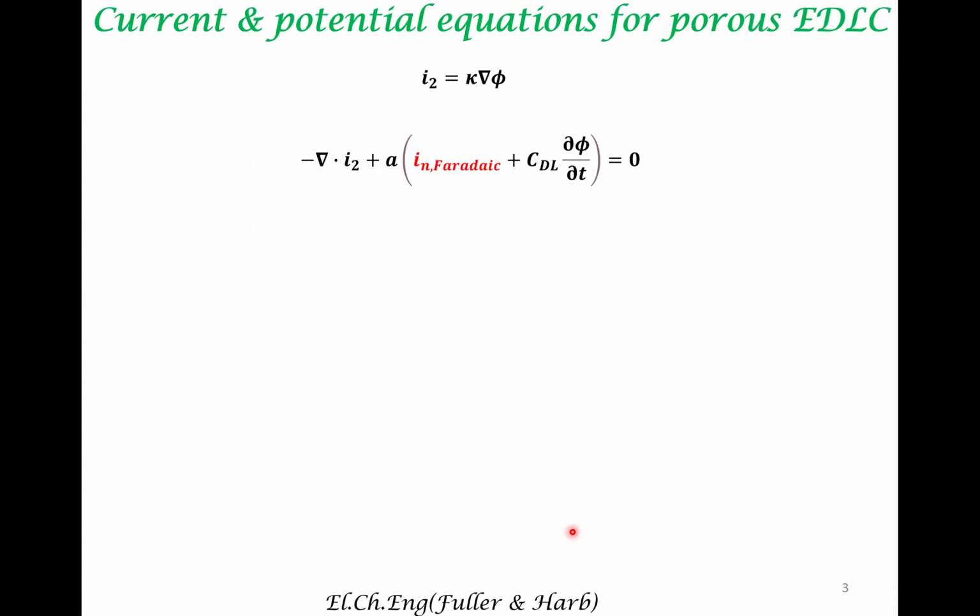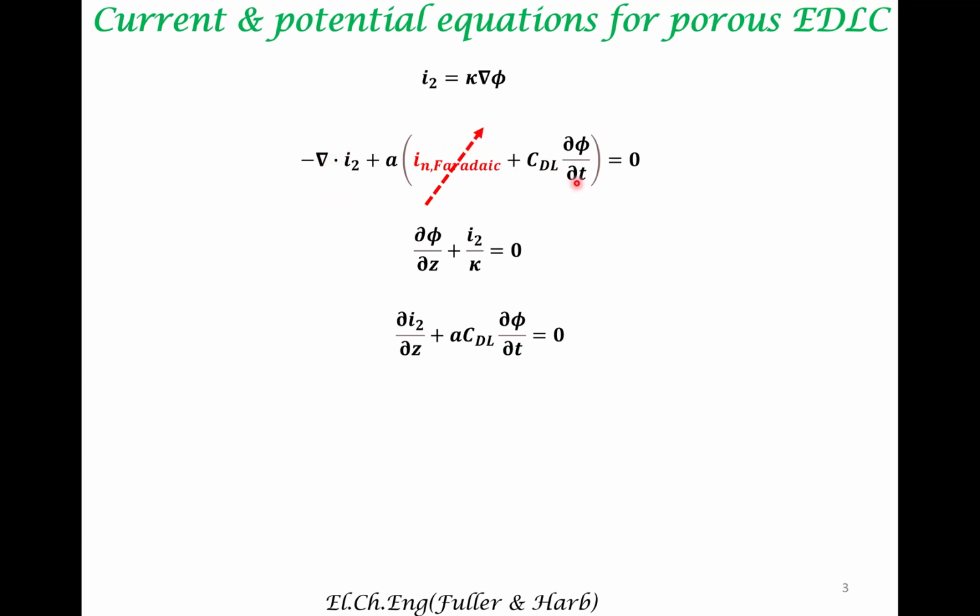Moving on, when we look at a porous electrochemical double layer capacitor, we have two sets of equations. So this can be represented as a differential equation in this form. When we are looking at an electrochemical double layer capacitor without, let's say, pseudocapacitance, what we can neglect is there is no Faradaic reaction. Therefore, this term can be neglected.